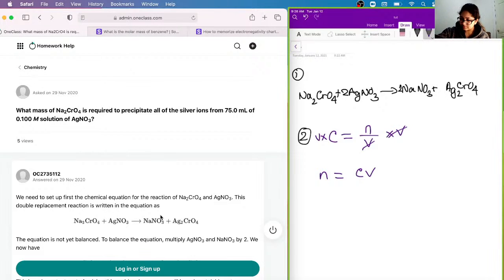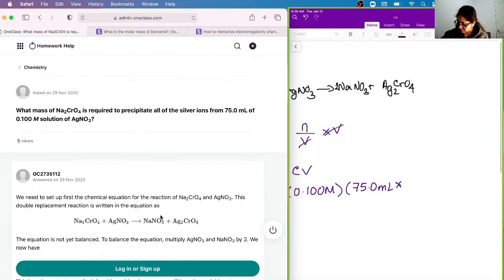Okay. So what we need to do is convert 75 milliliters to liters. So we have to divide 75 by 1,000, and we can do this. So let's just first write the concentration, which is 0.100 multiplied by 75.0 mL times conversion factor, which is 1 liter over 1,000 milliliters.